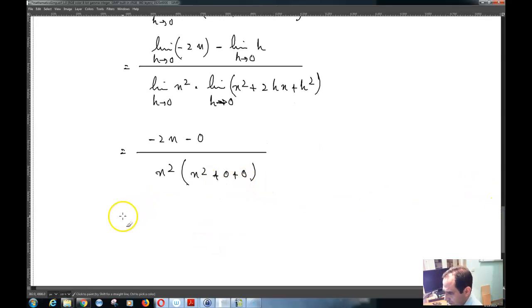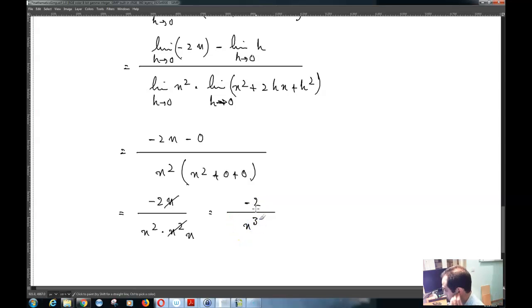So you have negative 2x over x squared times x squared. So you can write this as x, and x you can cancel out. You have x over here. So you have negative 2 over x cubed.